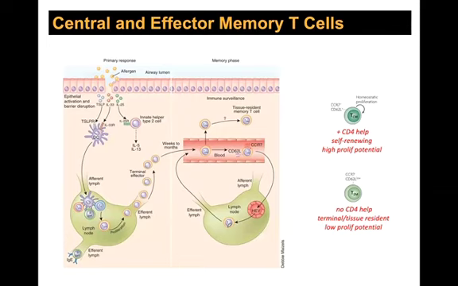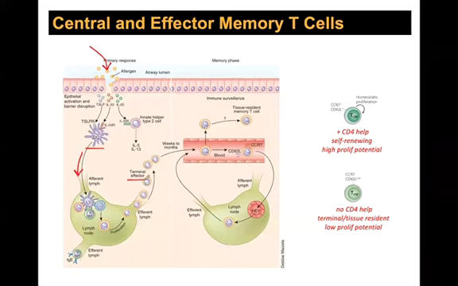Now, there are actually two different kinds of memory cells, and Dave Masopust and others really fleshed this out. Here we have some antigen coming in. You get activation of a dendritic cell, it goes to a lymph node, it activates our T cells, and you get terminal effector cells, but you also get memory cells.